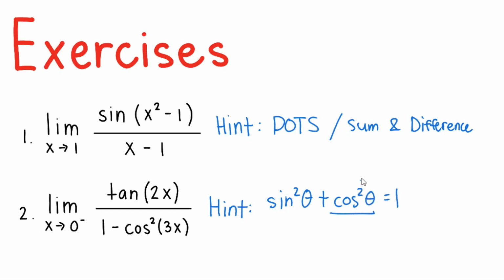If we move this to the right, we'll have sine squared theta equals 1 minus cosine squared theta. And this one is now the same as what we have in the denominator. So you can convert this to its sine squared equivalent value, and that would make things easier in applying the first special trig limit.